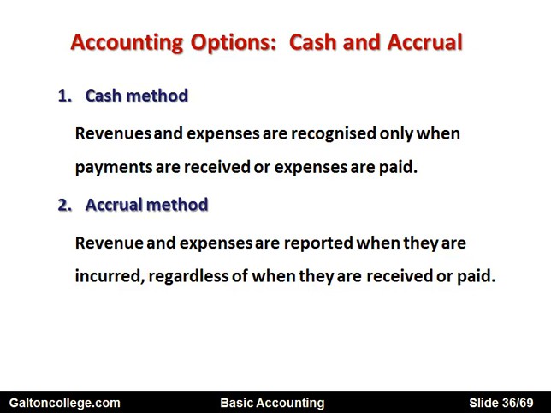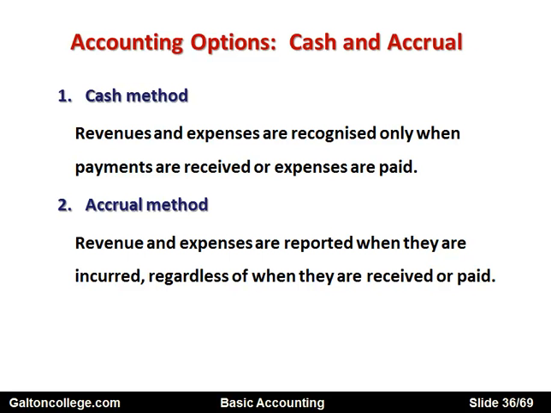The cash method would wait for the money to arrive and then update its records. With the accrual method, the moment the sale has been made, that's when the accounts are updated. The fact that the money is not here, well, that's a separate issue, and that'll be dealt with elsewhere.